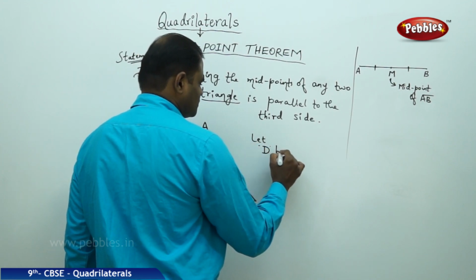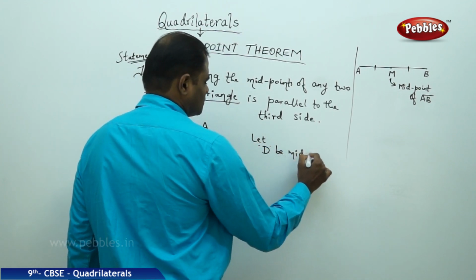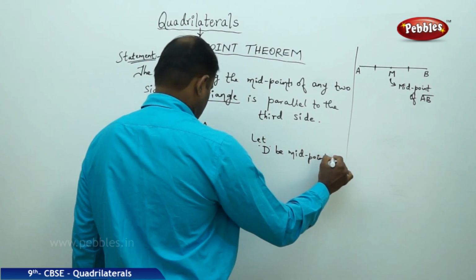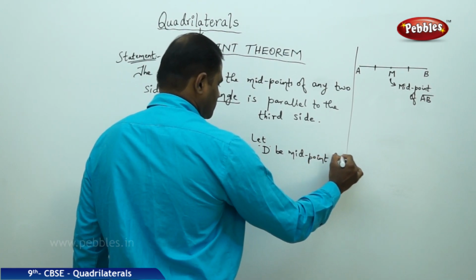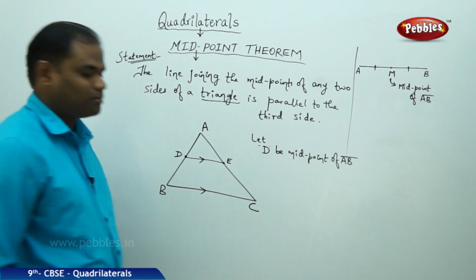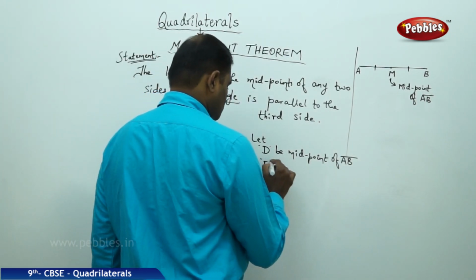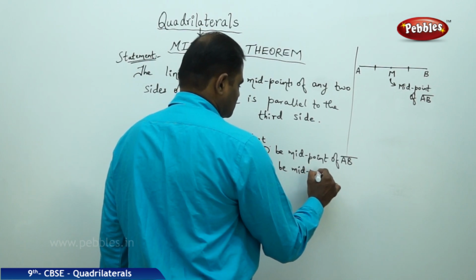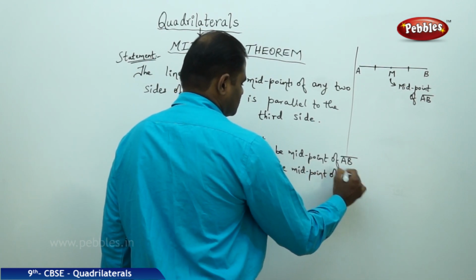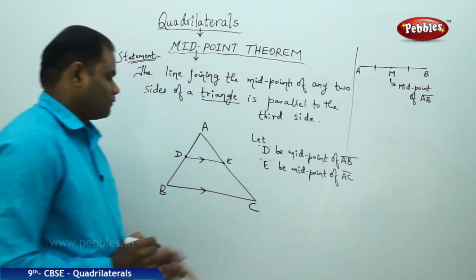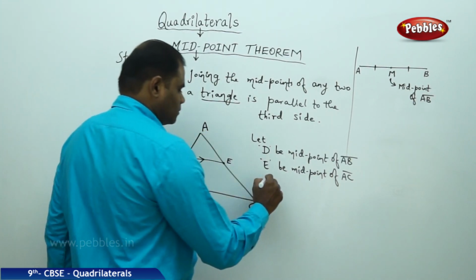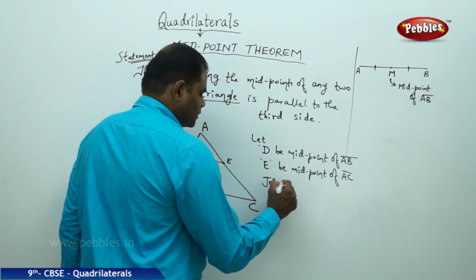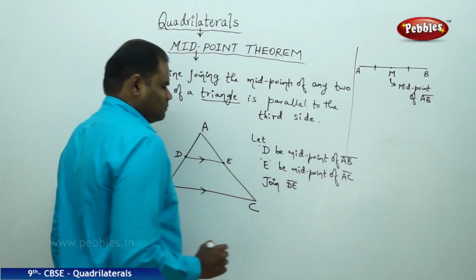Let D be midpoint of AB and E be midpoint of AC. Now the next step is that I join DE.